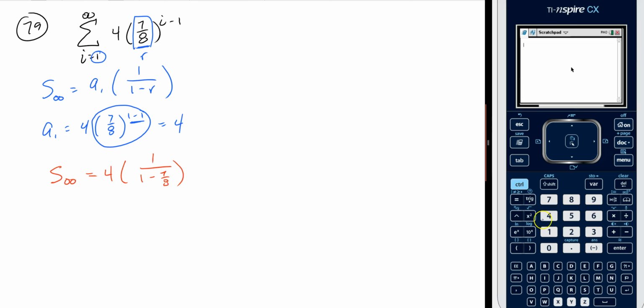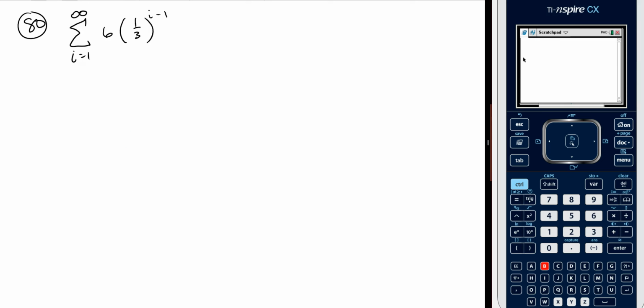And I'm going to put that into the calculator. 4 times 1 over 1 minus 7/8, and we get 32.